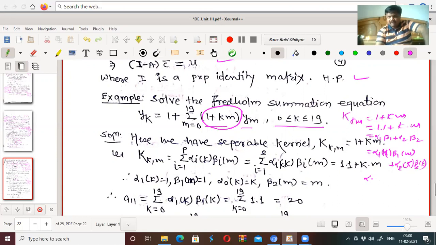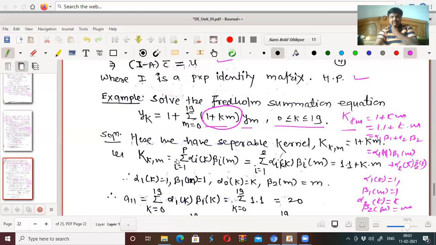Therefore alpha 1 of k is 1, beta 1 of m is 1, alpha 2 of k is k, beta 2 of m is m. In this way you are getting these terms, and therefore such types of kernels are called separable kernels. Here we have the separable kernel K of km equal to 1 plus km.